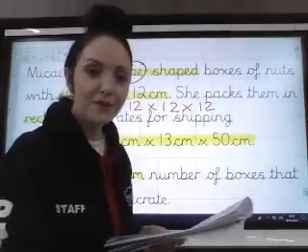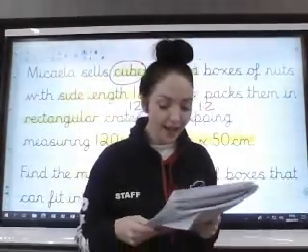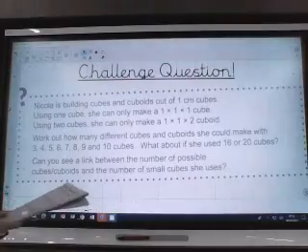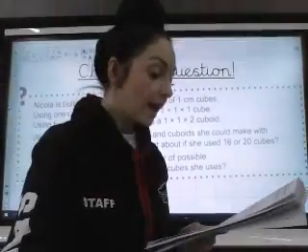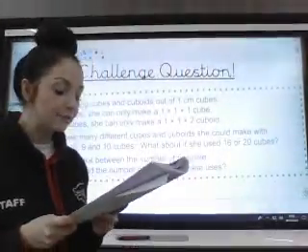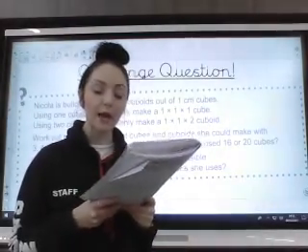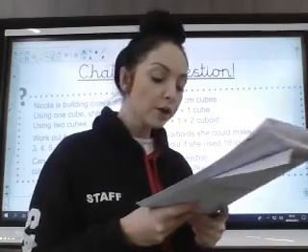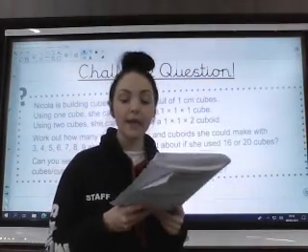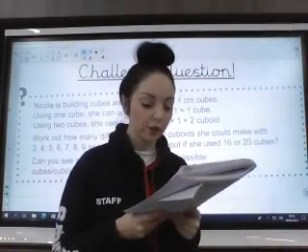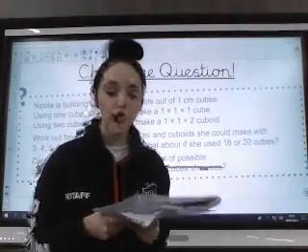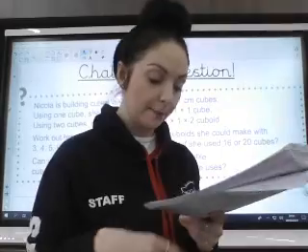Ooh, lots of steps to these questions, isn't there? Your last question then for today is another challenge question, and it says Nicola is building cubes and cuboids out of 1 centimetre cubes. Using 1 cube, she can only make a 1 by 1 by 1 cube. Using 2 cubes, she can only make a 1 by 1 by 2 cuboid.